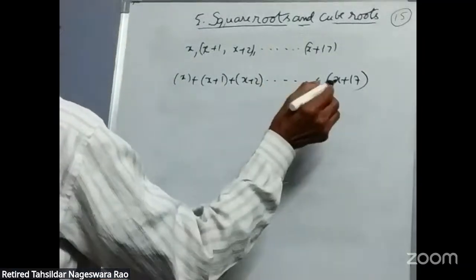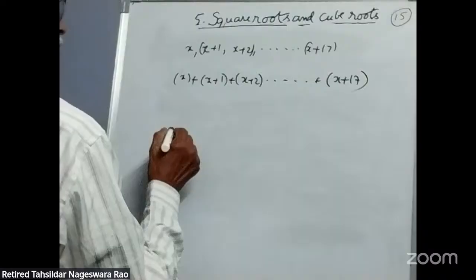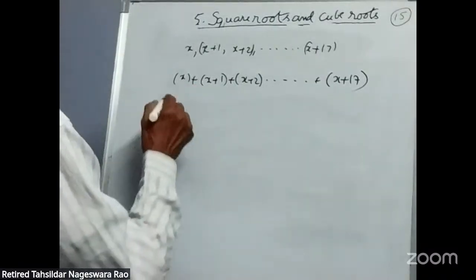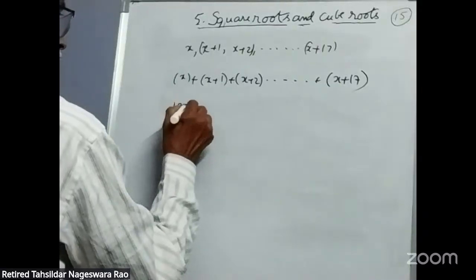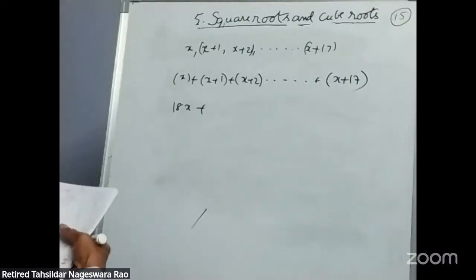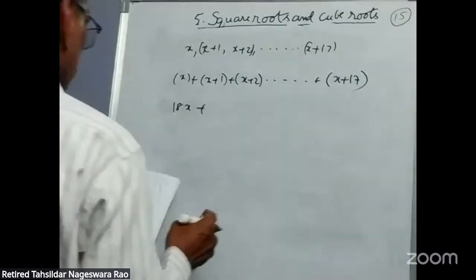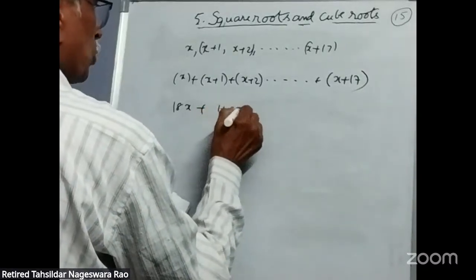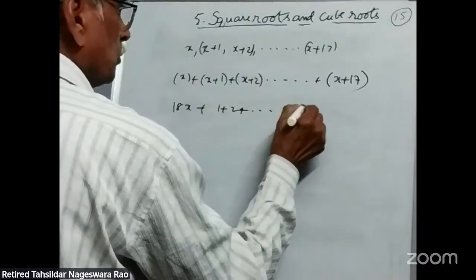X is common in all the terms. All 18 x's are there, so 18x, plus 1 plus 2 plus up to 17.